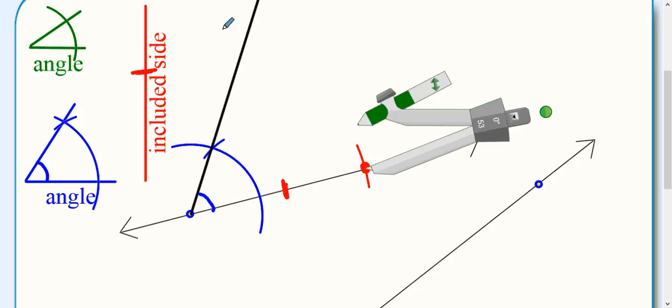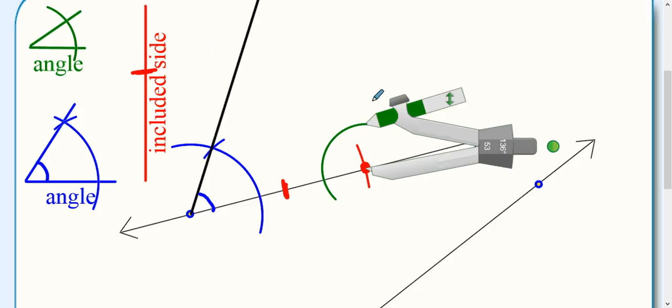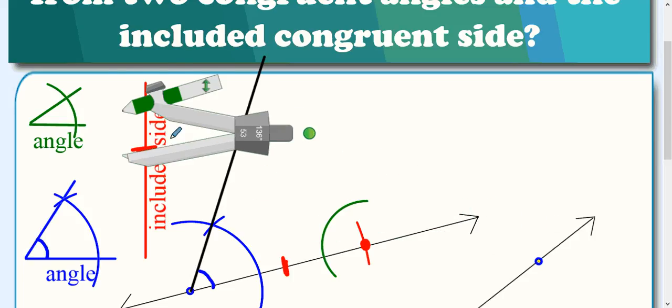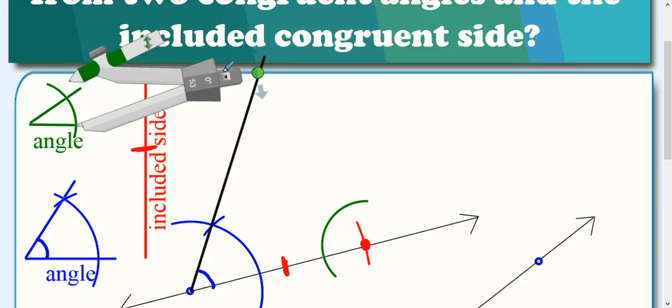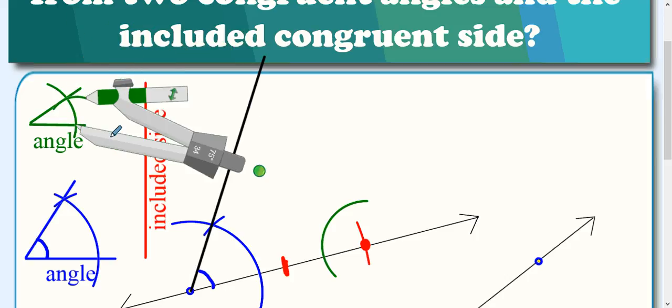And then since it's going to be a triangle, it's going to have to come into the inside like this. You can measure how wide that opening is, and then duplicate it.